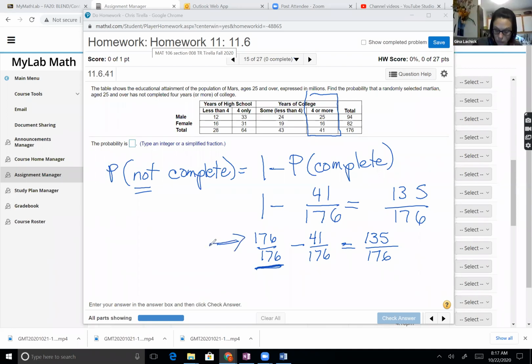If you want to show how you're doing it, always think of your 1 as a fraction with that common denominator. Connor, is that one better for you, sir?